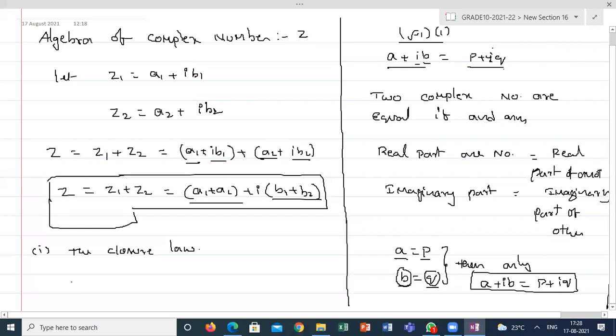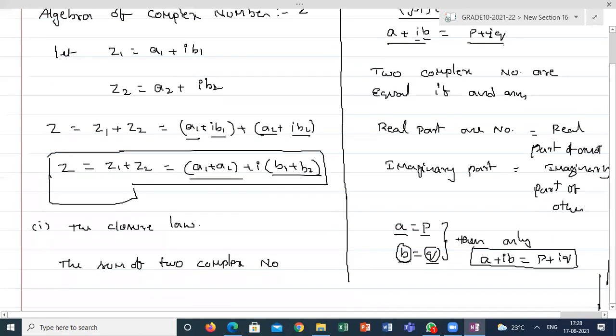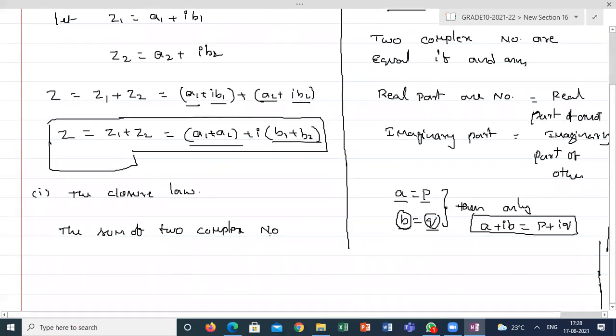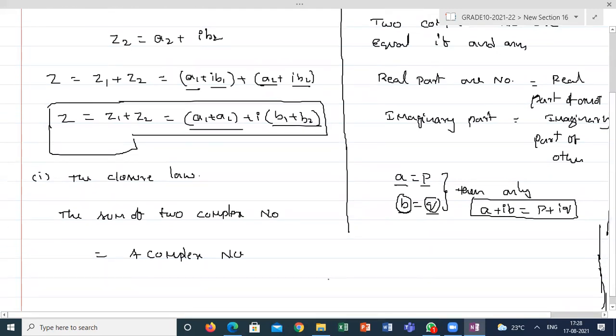Same as that, the sum of two complex numbers is also a complex number. So this property is called closure property. So z1, z2 are two complex numbers and z1 plus z2 is equal to z, where z is also a complex number. This is called closure property.